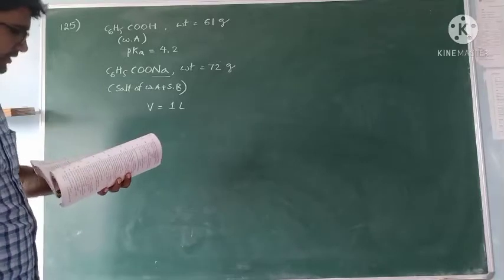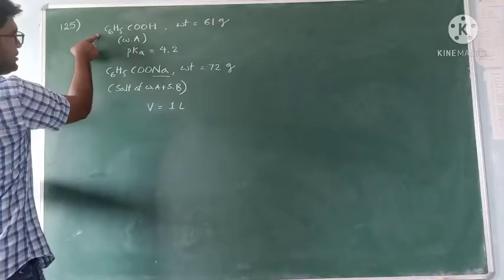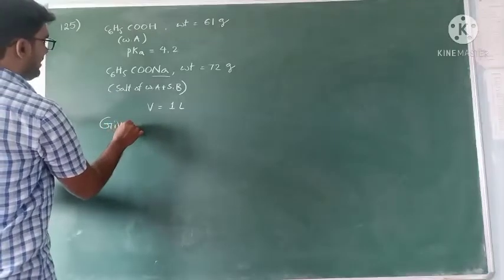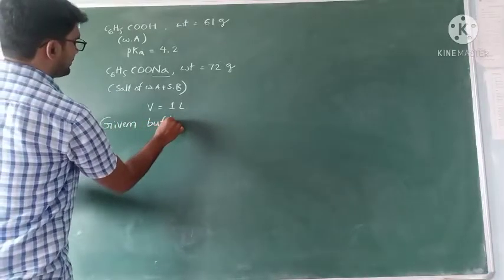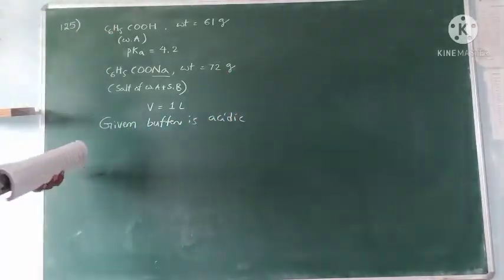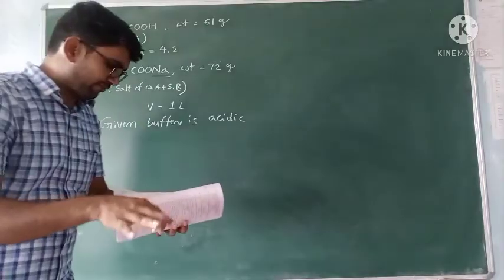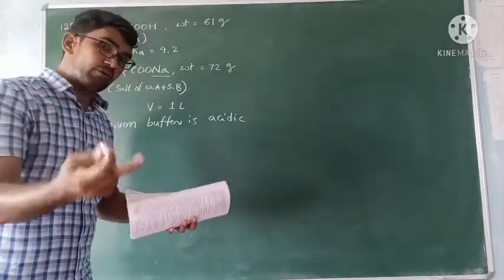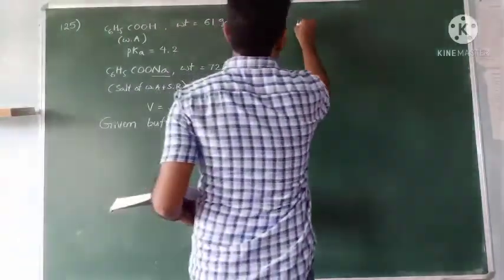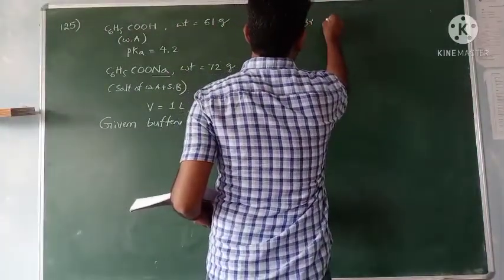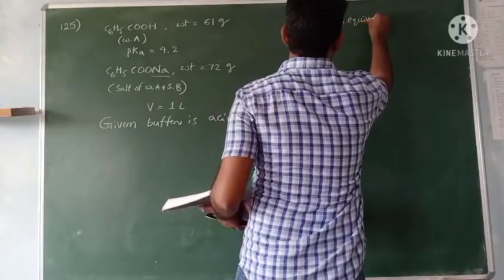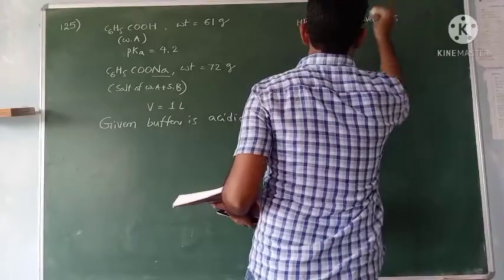After that, what type of solution is benzoic acid and its salt with strong base? The given buffer is acidic, so it is an acidic buffer. To this acidic buffer, 300 ml of 1 molarity HBr is added. How much HBr is added? Just calculate milli-equivalents of HBr.